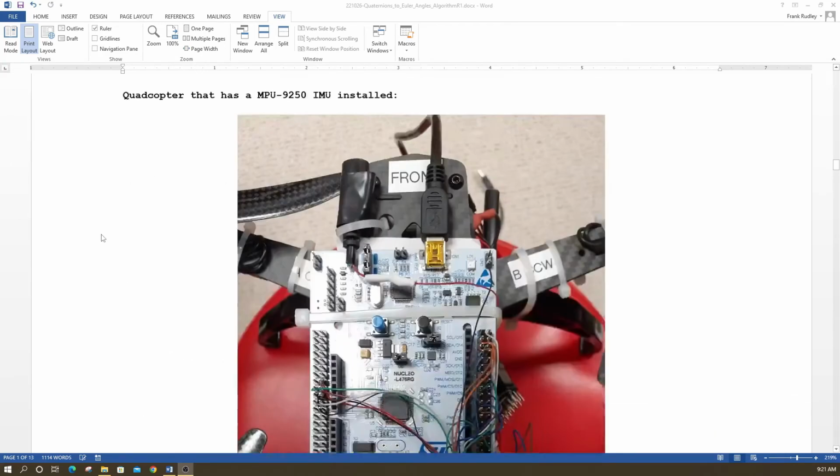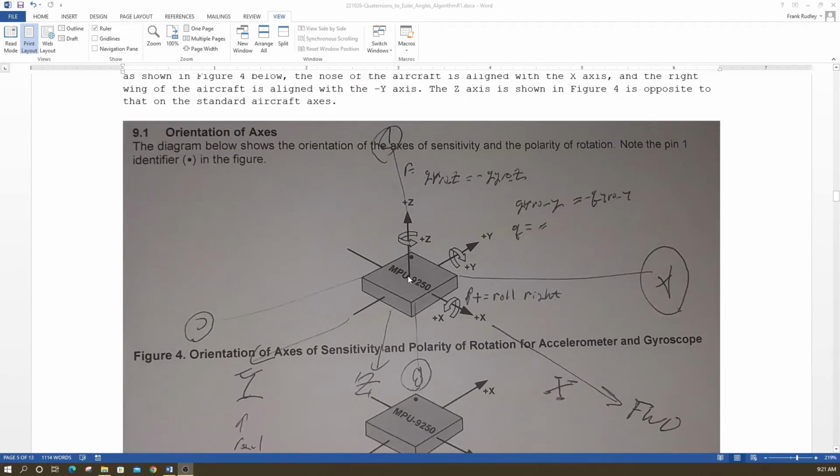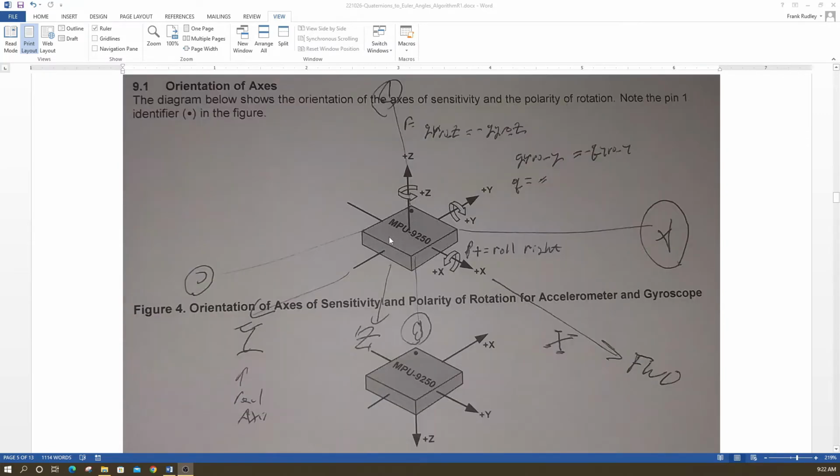So we're going to go back to our data sheet here. The way this is shown, this is our x-axis, which would represent the nose, aligned with the nose of the aircraft. And this over here is our y-axis, which would line up with the right wing of the aircraft.